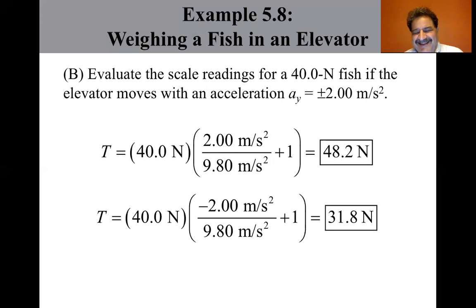So a little comical part here. Take this advice: if you buy a fish by weight in an elevator, make sure the fish is weighed while the elevator is either at rest or accelerating downward. Funny author. Furthermore, notice that from the information given here, one cannot determine the direction of the velocity of the elevator.